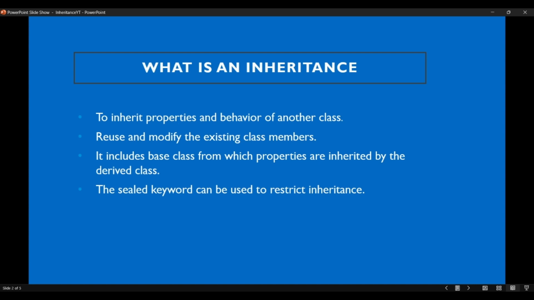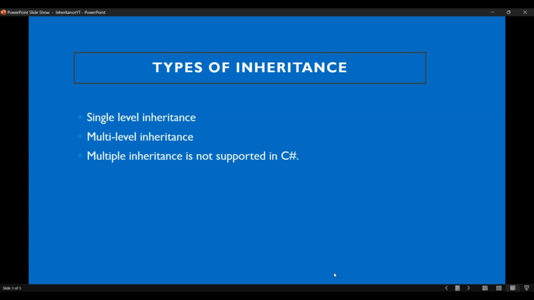In inheritance, you will have a base class and then you will have a derived class. That derived class will inherit the properties of the base class. If you want to restrict inheritance while writing a program, you can use the sealed keyword. Now we are going to see the different types of inheritance.